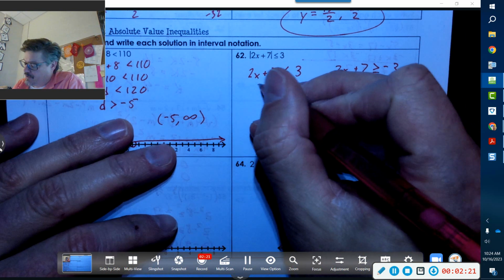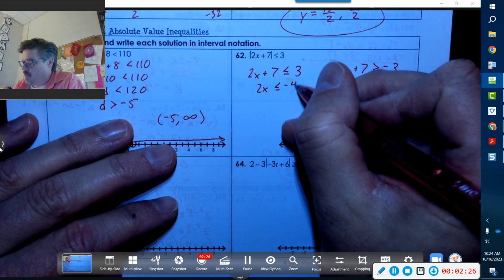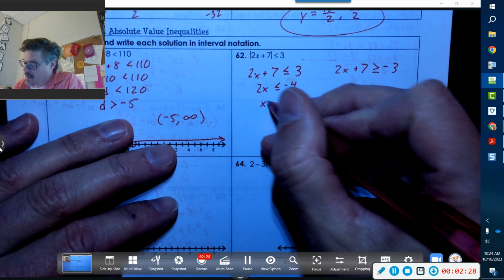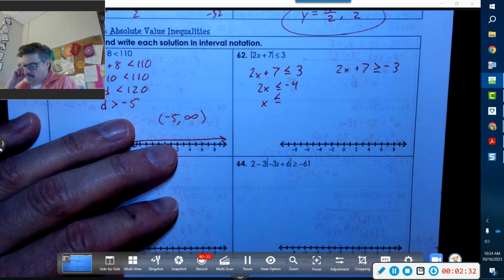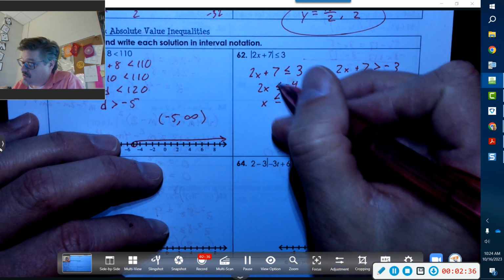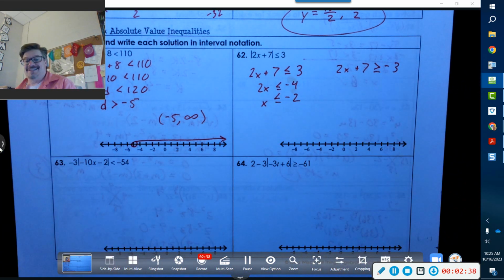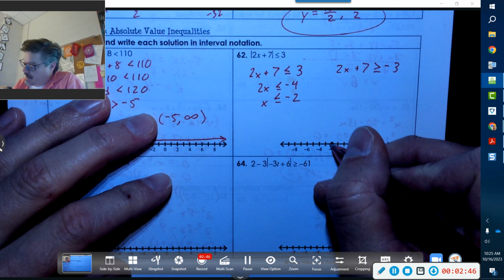So now 2x is going to be, we're going to move that negative 7 over here for negative 4. I'm not dividing by negative numbers, so it'll stay there. So x is less than negative 2. From your perspective, it would be going that way. Okay, so I will mark here.